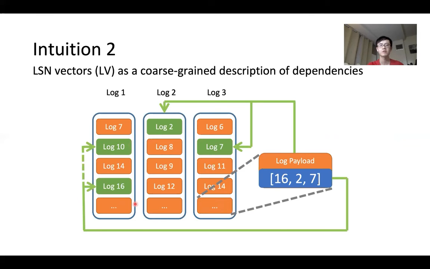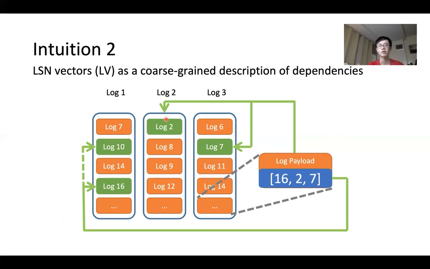Instead of recording each of these 4 transactions, we just record a single log sequence number per log, using the maximum of the log record numbers of those transactions that this record depends on. For example, for the first log, we just record a single number 16.